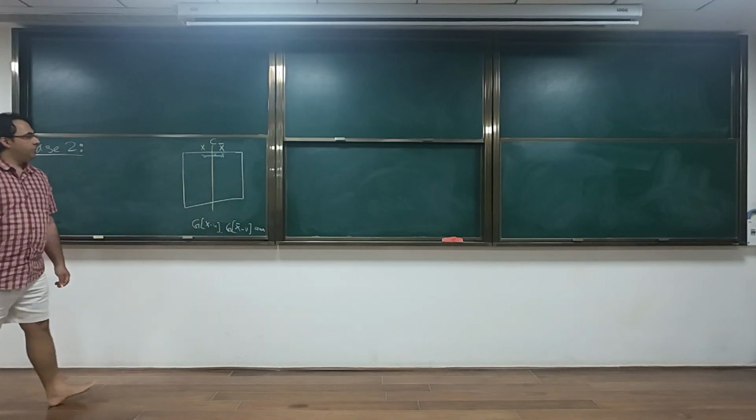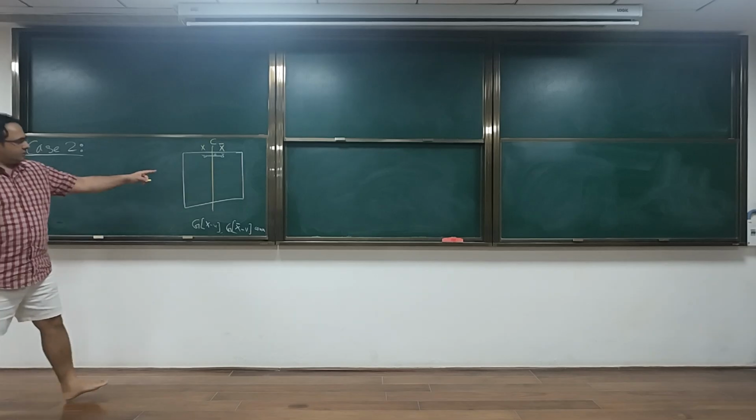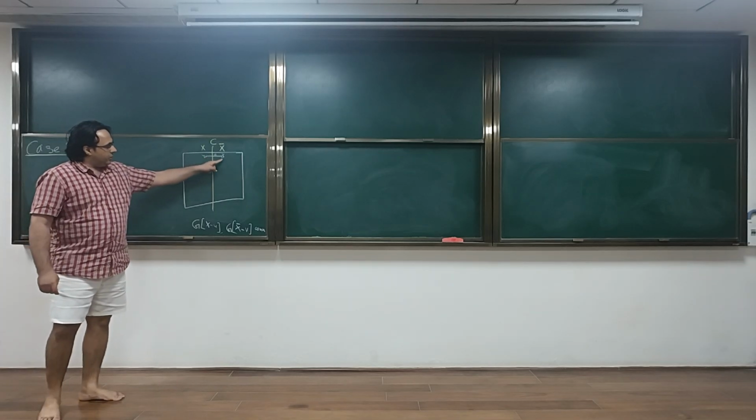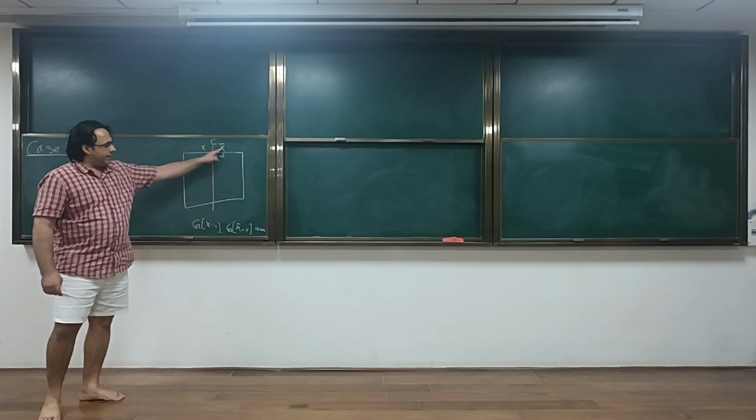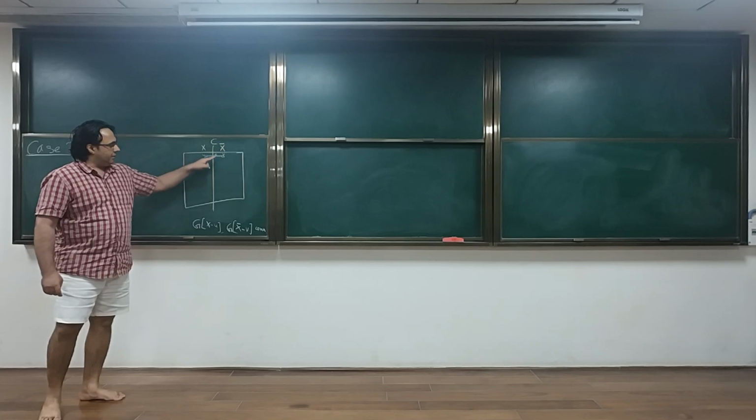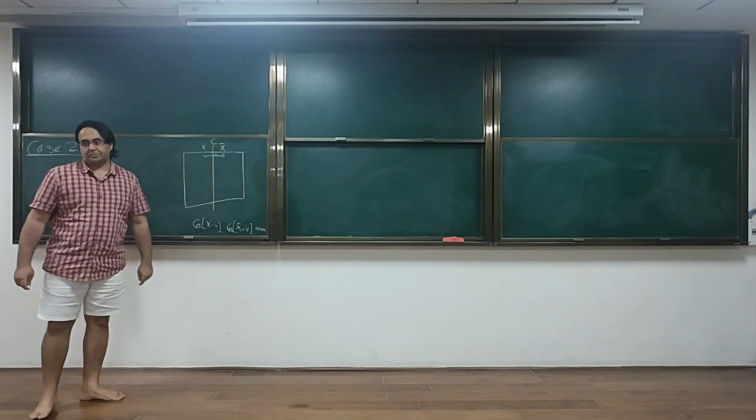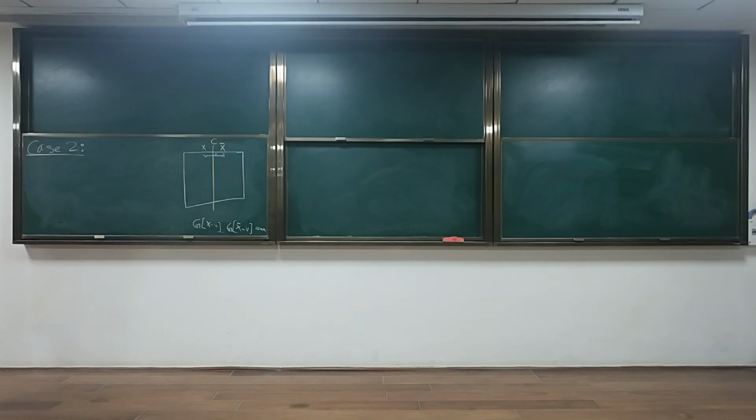So this we already know. The first case was v is the only neighbor of u that lies in x bar and u is the only neighbor of v that lies in x. Now we are not in this case.